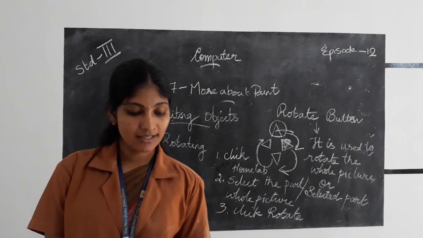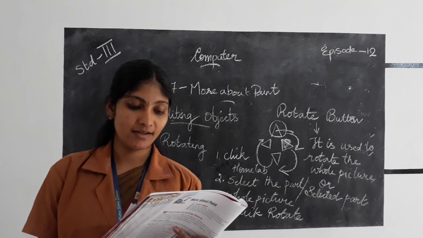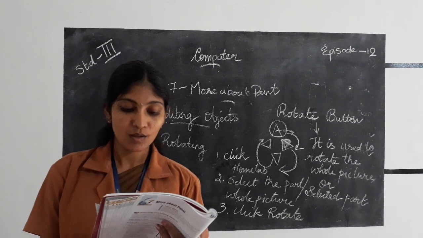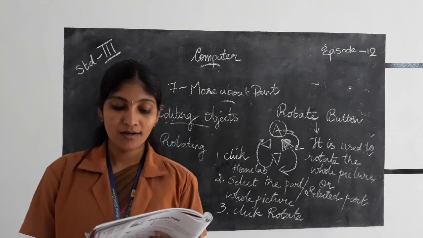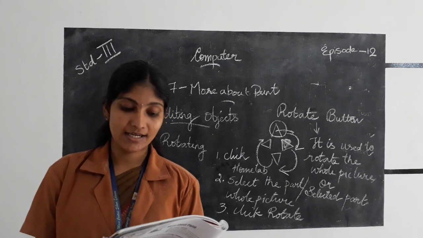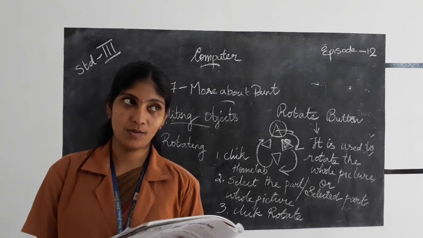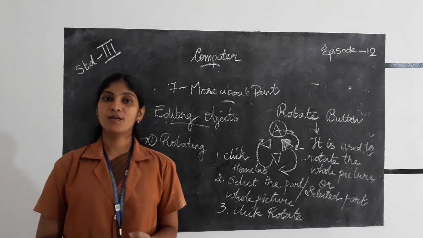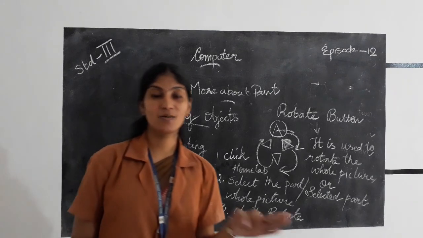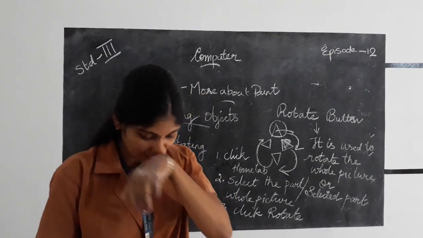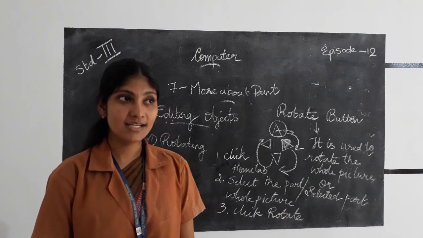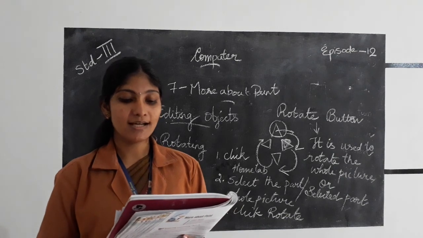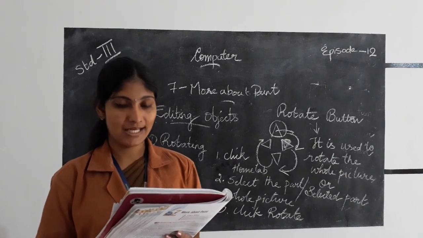It contains 5 options: rotate right 90 degree, rotate left 90 degree, rotate 180 degree, flip horizontal, then flip vertical. So these are the rotating options under the rotate button.